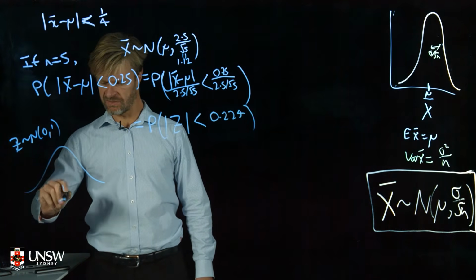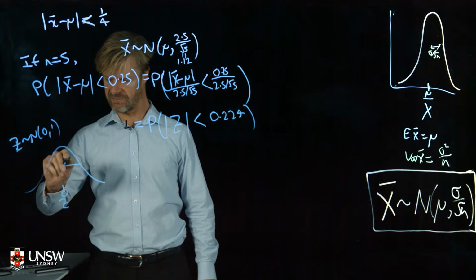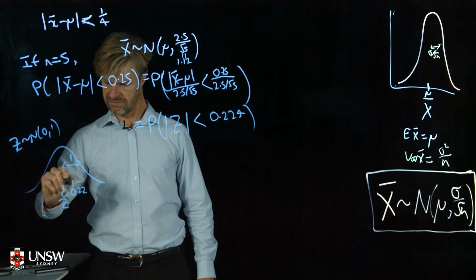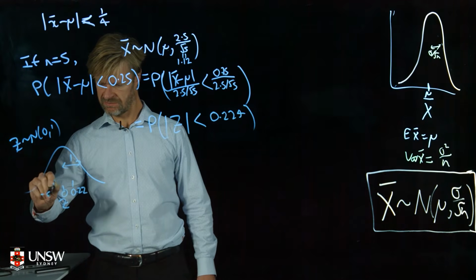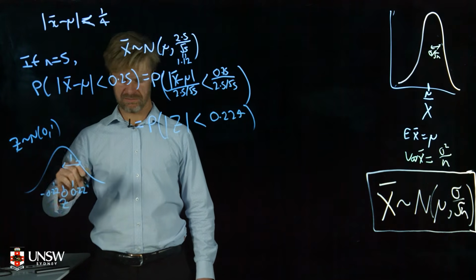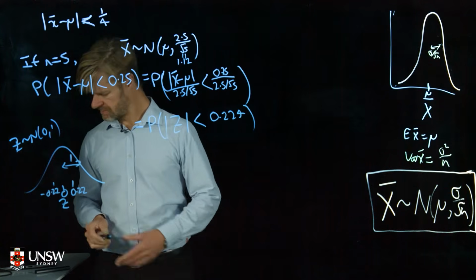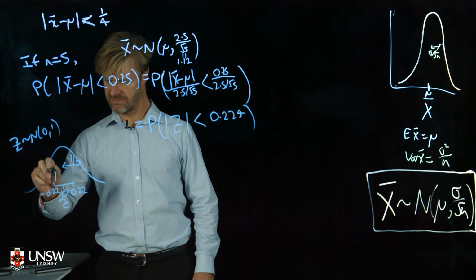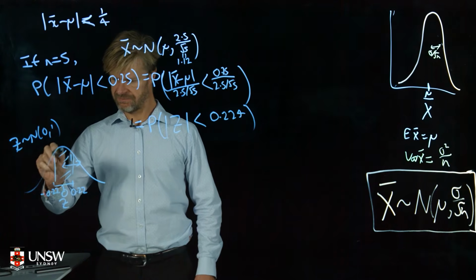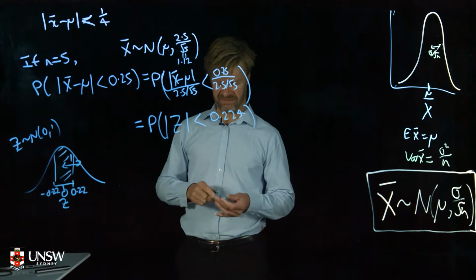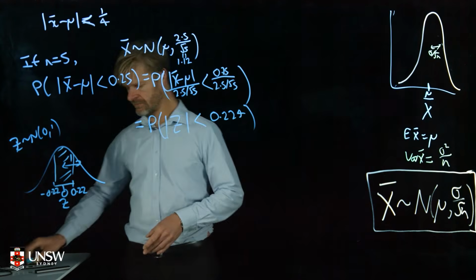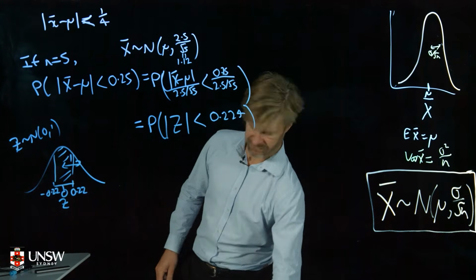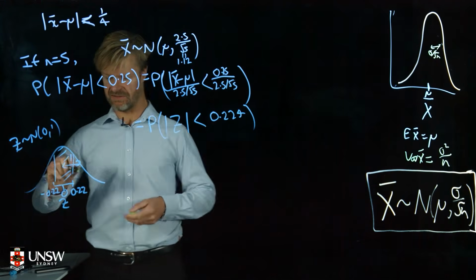So I've got a standard normal variable centered on 0, standard deviation 1. I get this area here. This is the area I want to find. How am I going to use MATLAB to get that? I can use the normcdf function. normcdf gives you the area to the left.